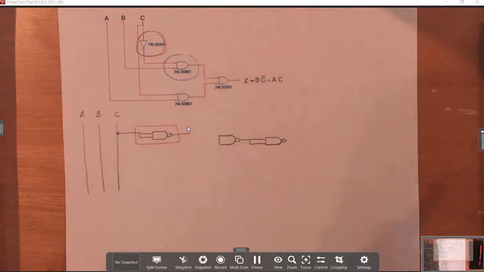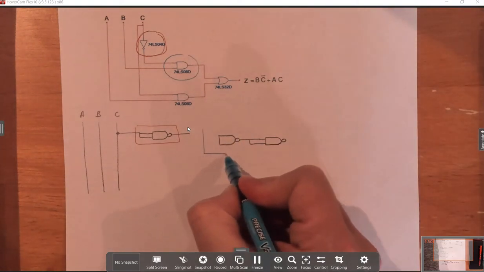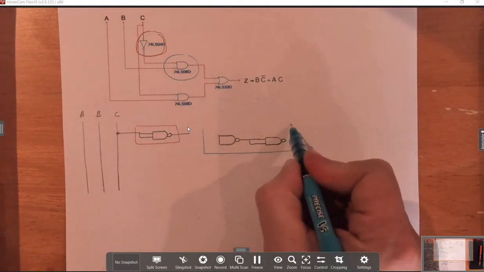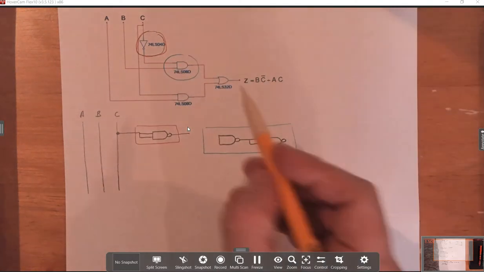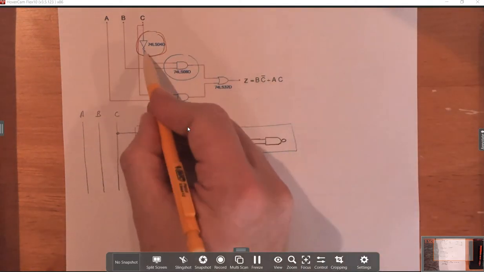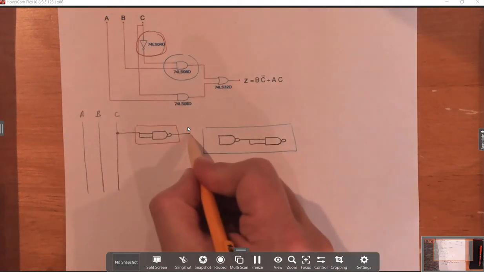Alright, so this replaced that AND gate. Alright, so going into the AND, we had the not C, which is right here.